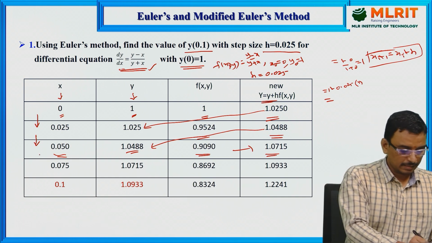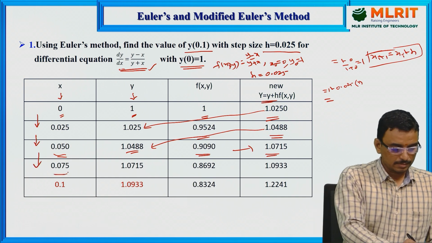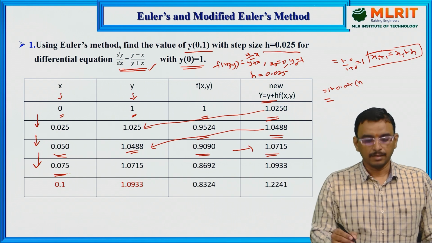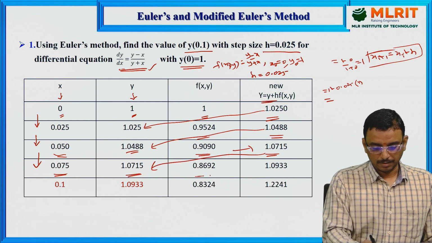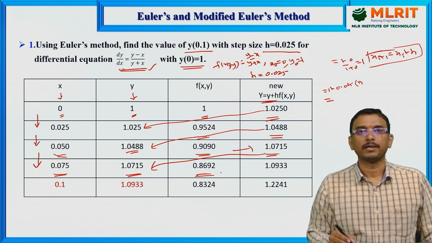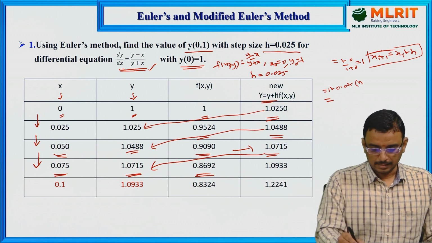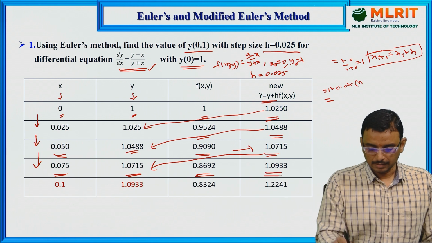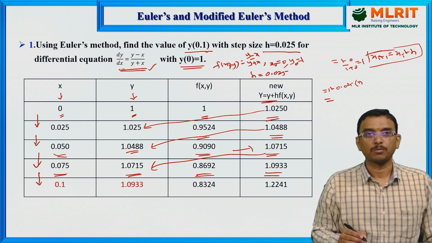Now again we are increasing the step size by 0.025. So it becomes 0.075. Now we are replacing this value here. So now the functional value of this f of x comma y is 0.8692. So this is the new value of y. So we get this one. Now again we are increasing to our target, that is 0.1.